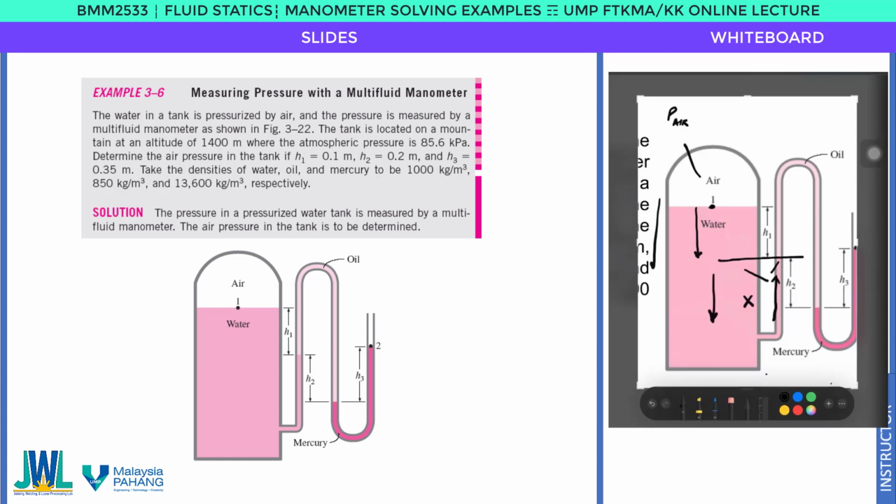So for this left hand side, I have pressure of air plus pressure of water for only a height here to here. So I have rho H2O G into H1. So I already go down and I already go up and I am now at this location.